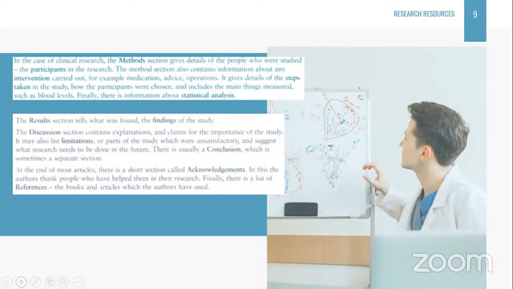There is usually a conclusion, which is sometimes a separate section. At the end of most articles, there is a short section called acknowledgements. In this, the authors thank people who have helped them in their research. Finally, there is a list of references, the books and articles which the authors have used.